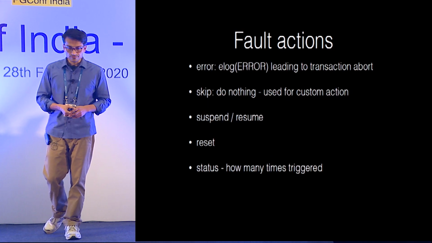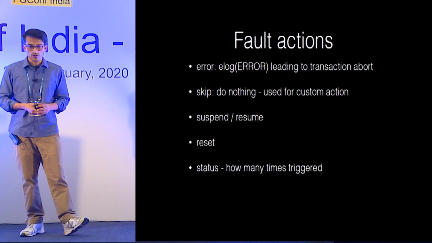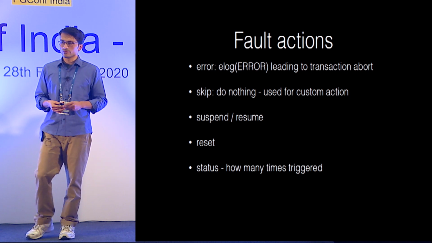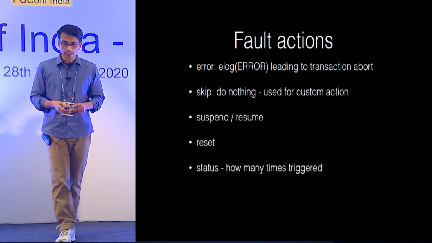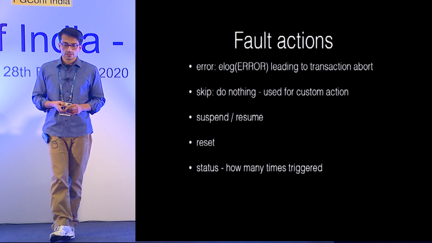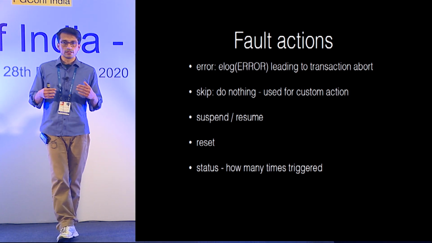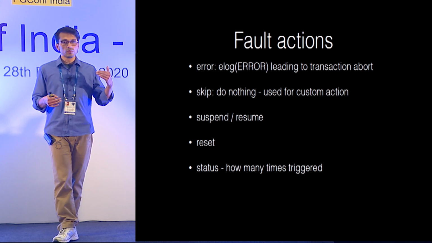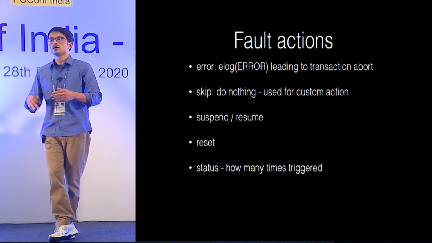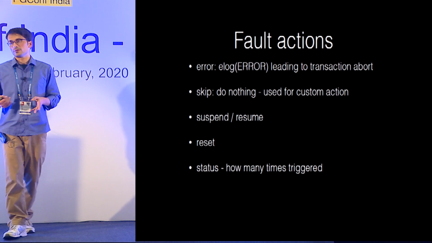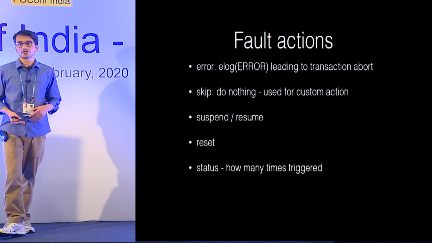Okay. So there are a bunch of fault actions that we can encode. Error we have already seen. There is a skip action, which means literally do nothing, and it is useful to remember that a particular location in the code or a particular function was called, for example, or a particular branch was taken.